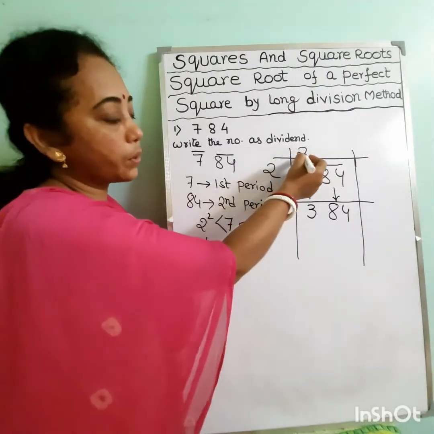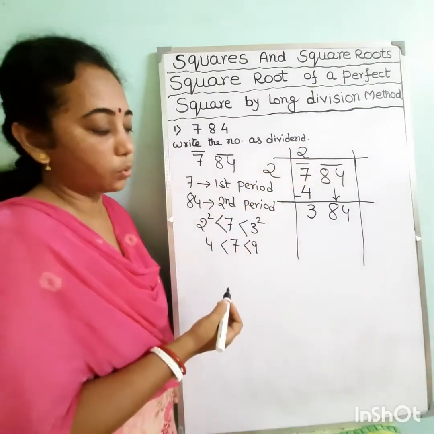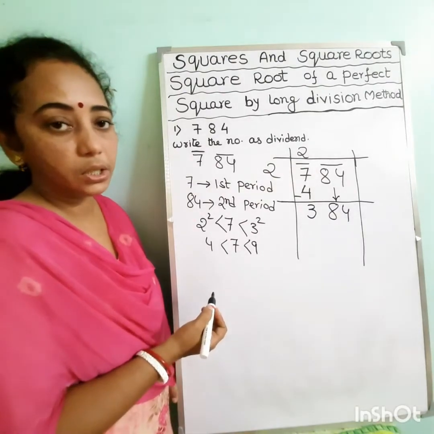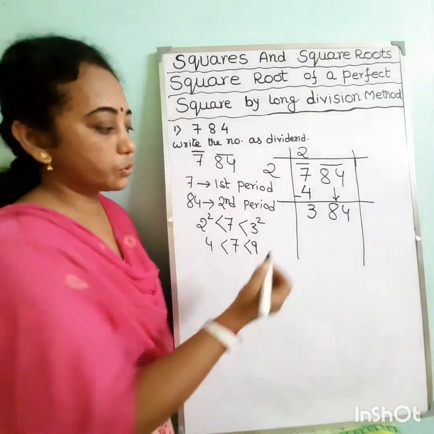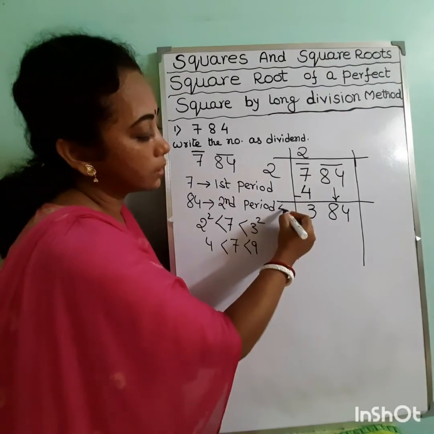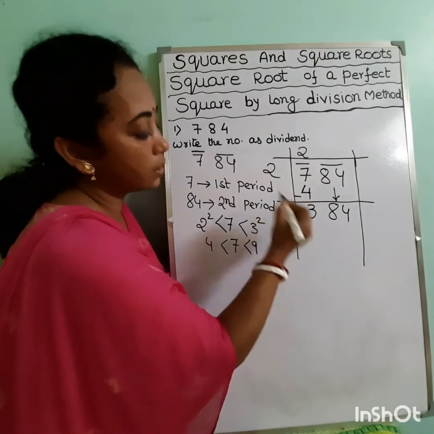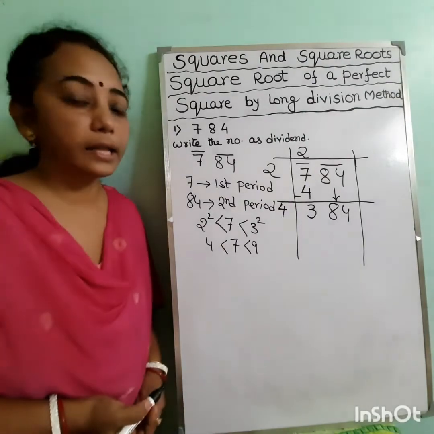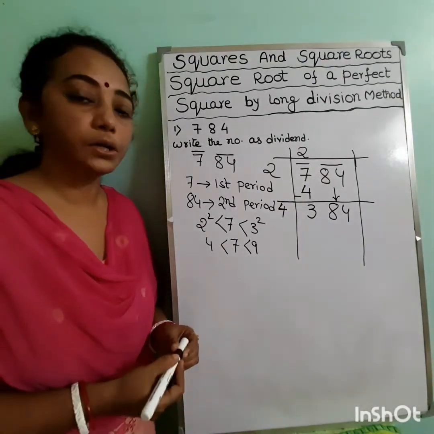The double of the quotient is 4. So we take 4 as the leftmost digit of the new divisor.